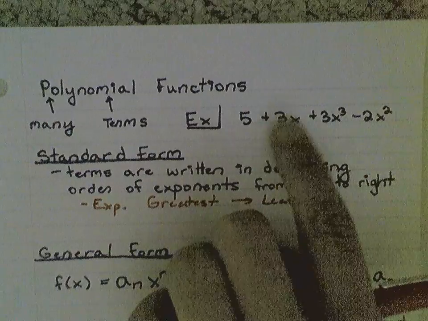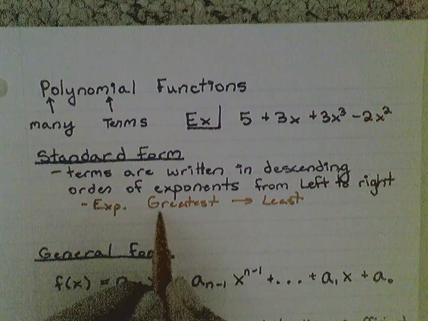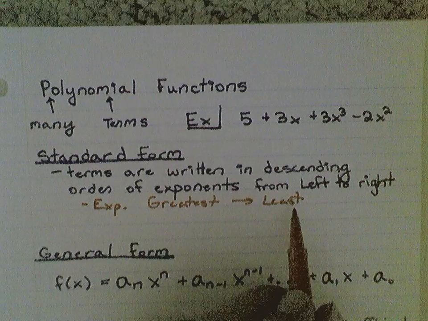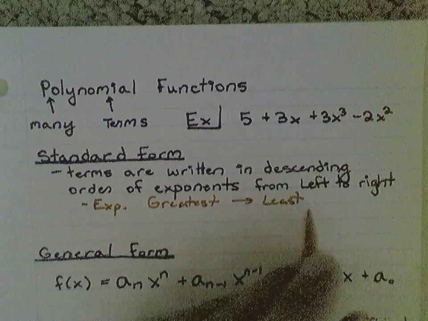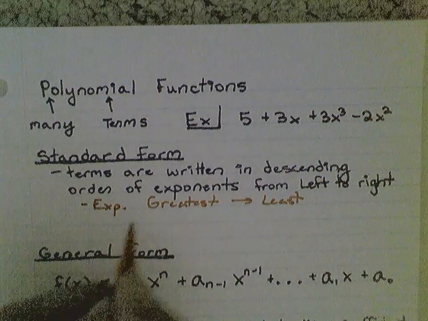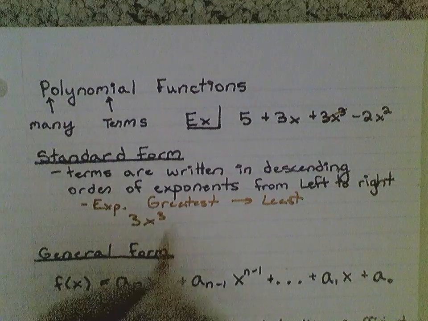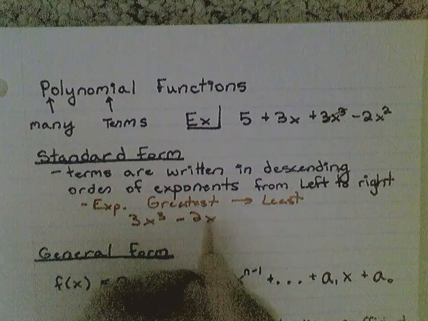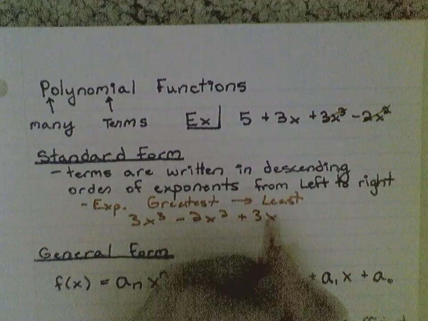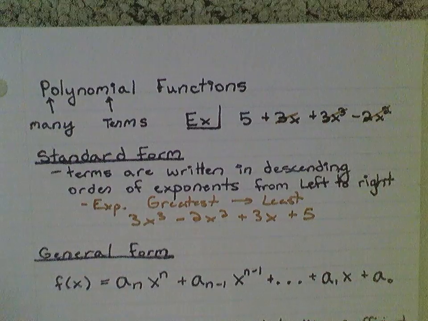I could rewrite this in standard form by putting the greatest exponent first and lining them up so that the least one is farthest right. So it would be 3x to the third minus 2x squared plus 3x, and then finally plus 5.